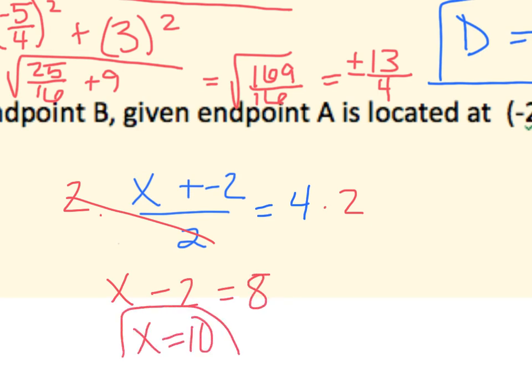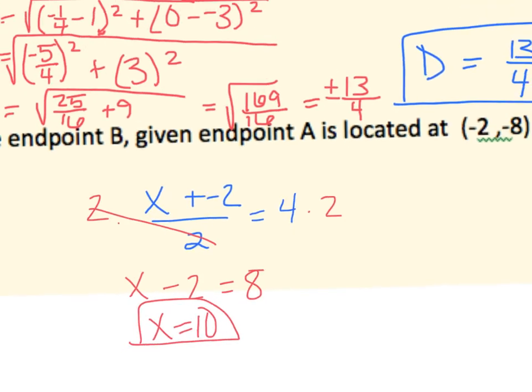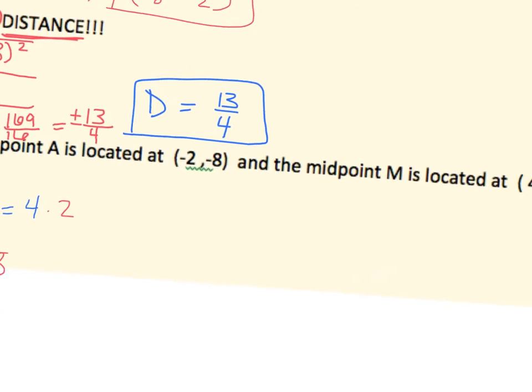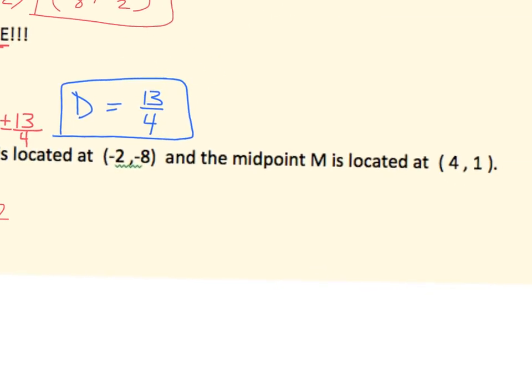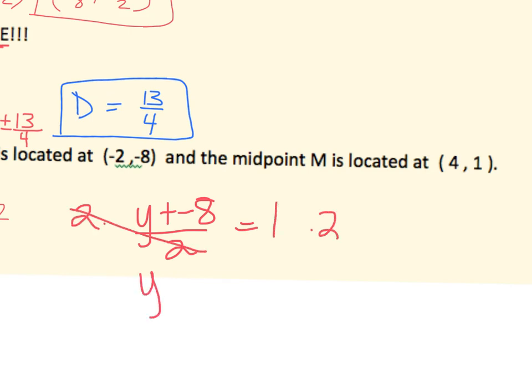So that's the x coordinate of the unknown endpoint. And I'll do the same thing for the y's. Y plus negative 8 over 2 should equal 1. Multiplying both sides by 2, get y minus 8 equals 2. So y also equals 10.